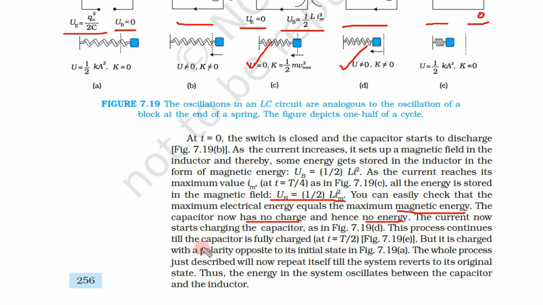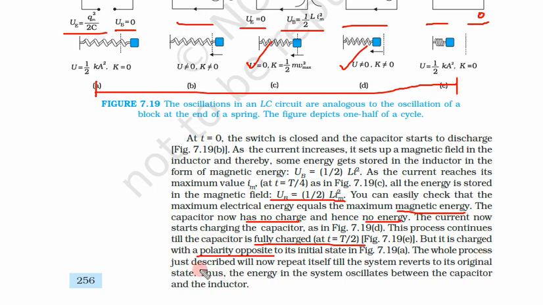This process continues till the capacitor is fully charged. So again we have reached this point. Now the capacitor is fully charged after time T by 2, but it is charged with polarity opposite to its initial state. So we have charged the capacitor but in the opposite direction. That means this is only half of the process, not the full process.